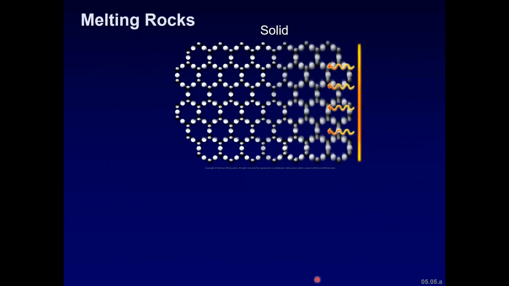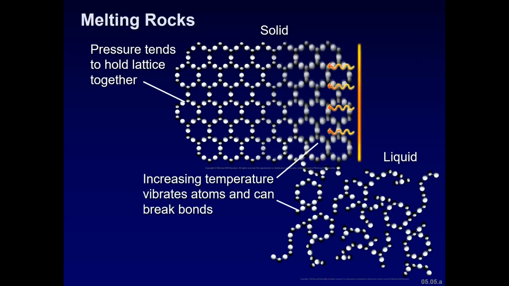All right, let's talk about melting rocks, because we get these igneous rocks from molten material. So first you have a solid material. Pressure tends to hold that mineral lattice together, but we increase temperature, introduce heat, and that vibrates atoms and breaks bonds, and suddenly that mineral lattice or rock is now a liquid.